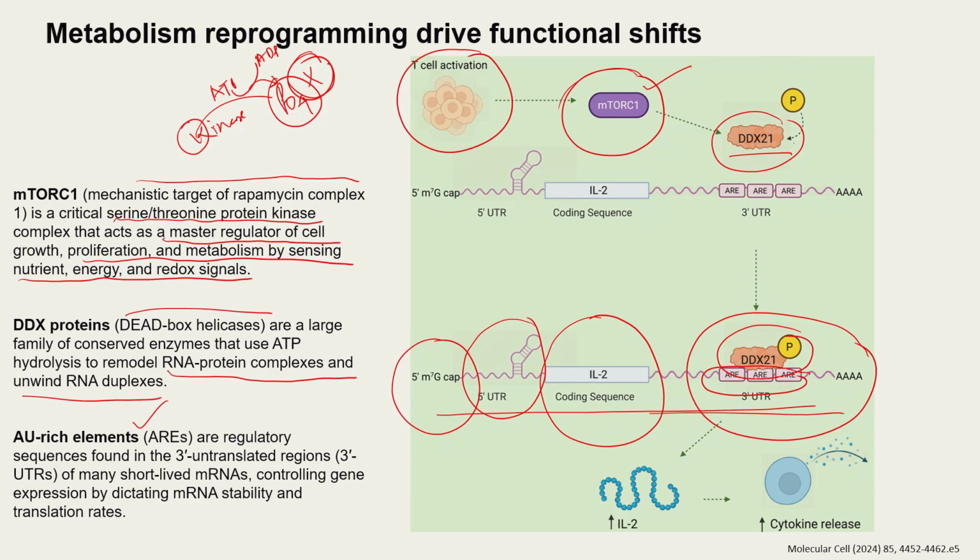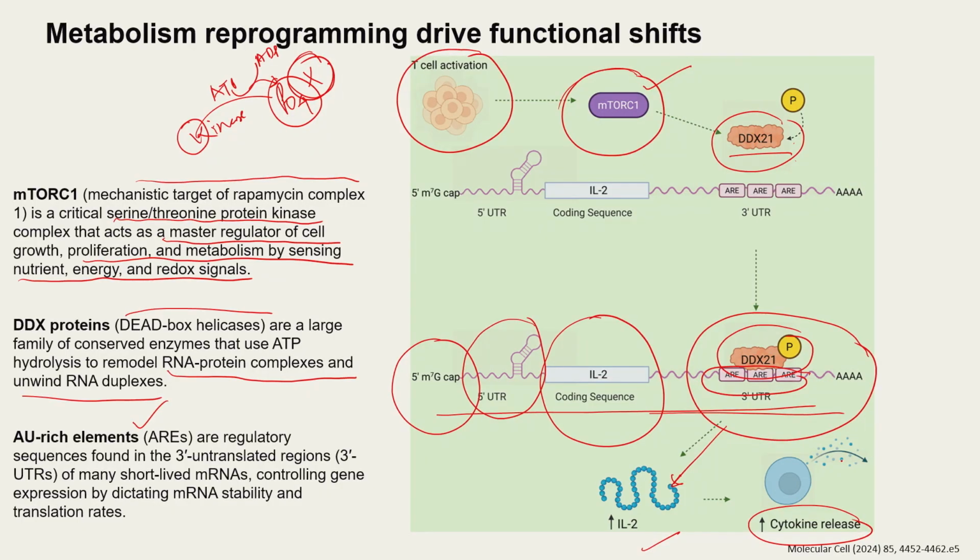So what's happening is that post activation, the phosphorylated DDX21 can dock into the ARE site, and this can lead to the production of some of the interleukins, for example IL-2, which can further cause the cell to release different cytokines which can modulate the cellular function. So ideally we can see that this functional shift in plasticity is controlled very tightly by gene expression.